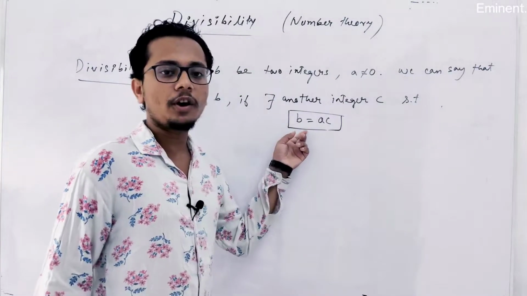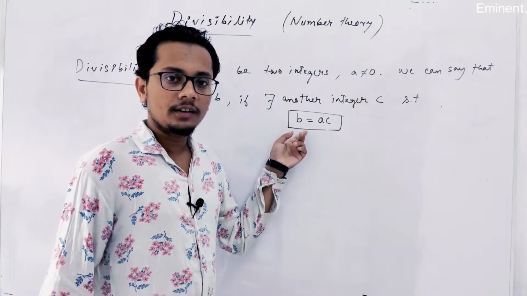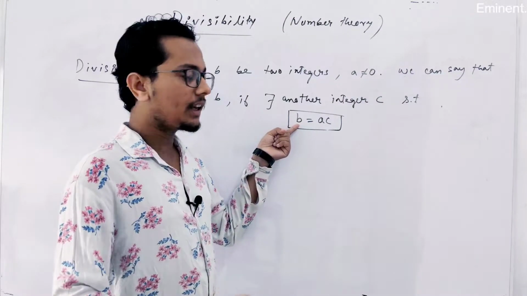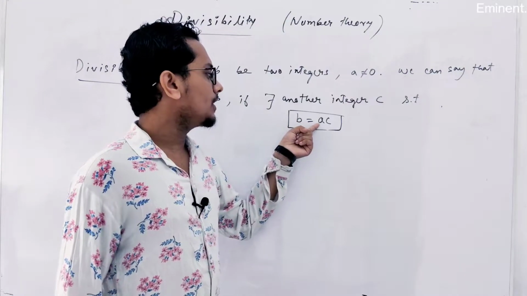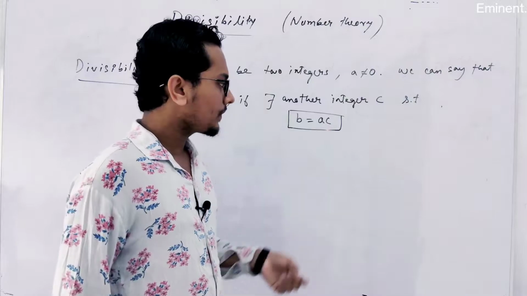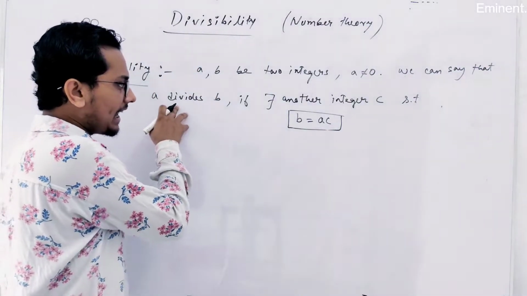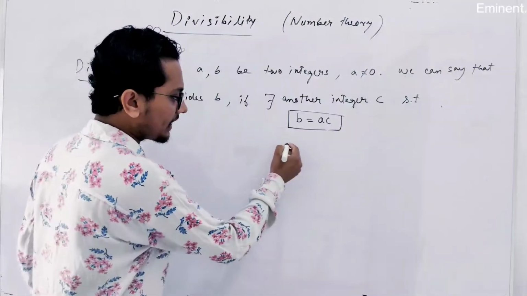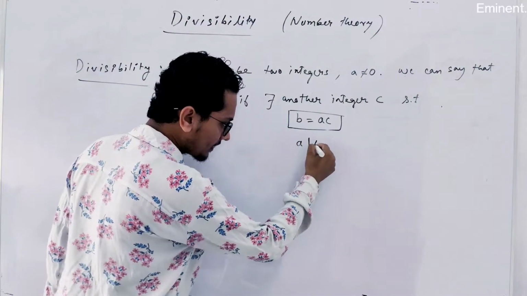This is the most important part here, that if a divides b, then we can write b equals to ac. Here c is another integer. Okay, here a divides b. How symbolically you can write that a divides b? This is like this.